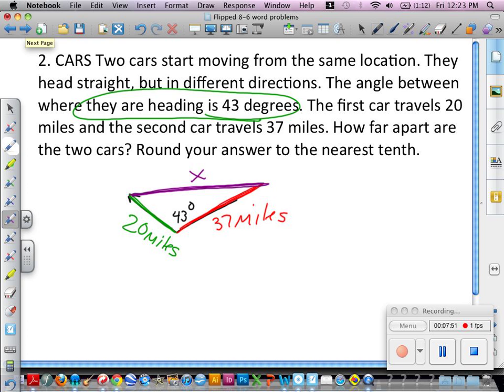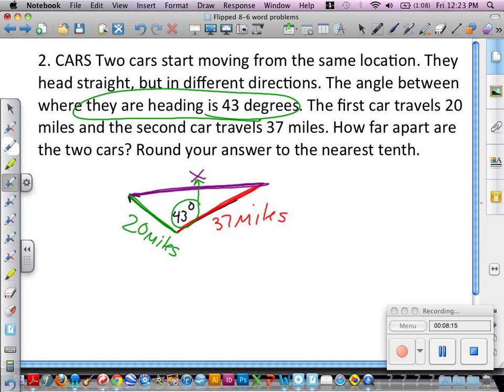Do I have an angle and a side opposite relationship going here so I could use law of sines? Some of you might be saying, yeah, I think you do, Mrs. Hefty. I have this angle, I'm looking for that side. But I need a second one, people. I don't have another angle, so law of sines is not going to work. I'm going to have to use law of cosines.